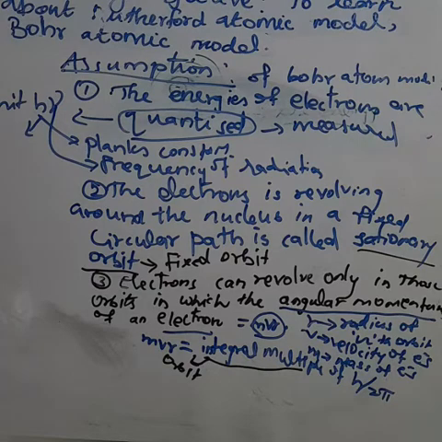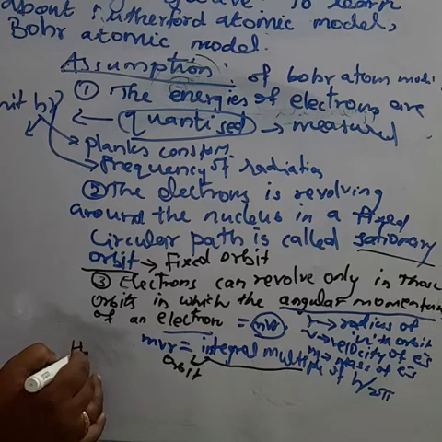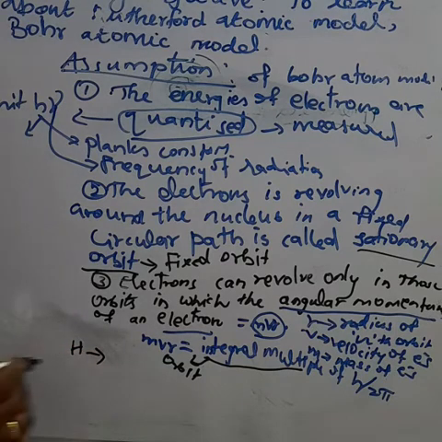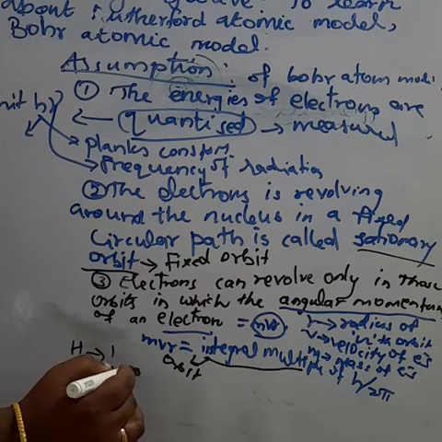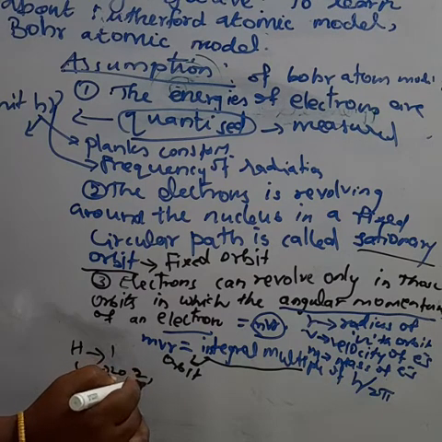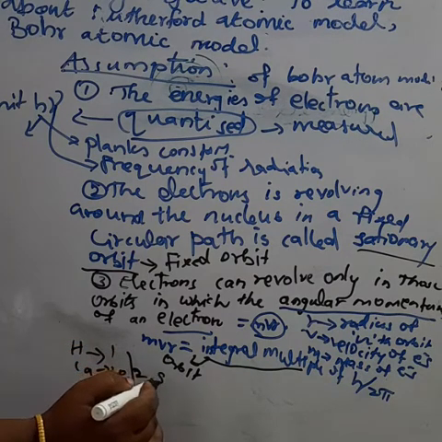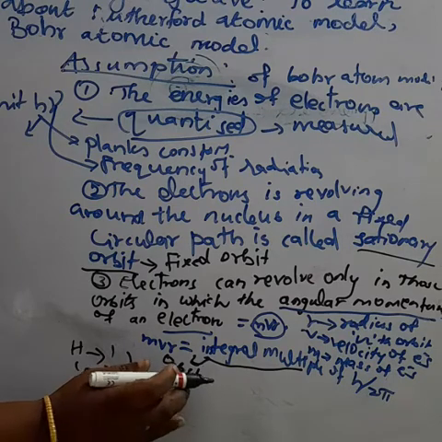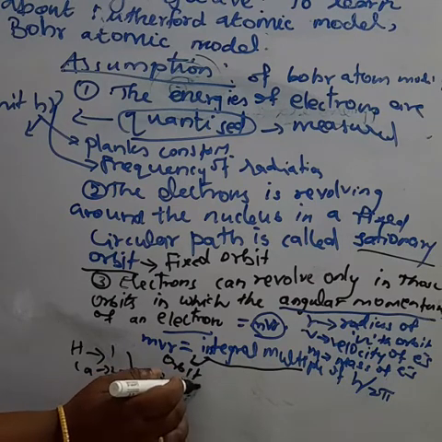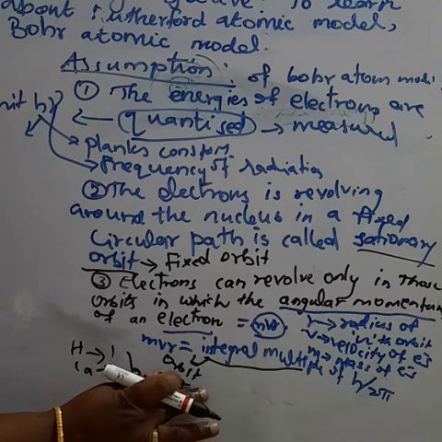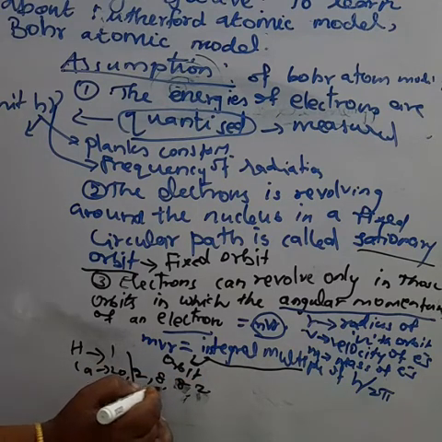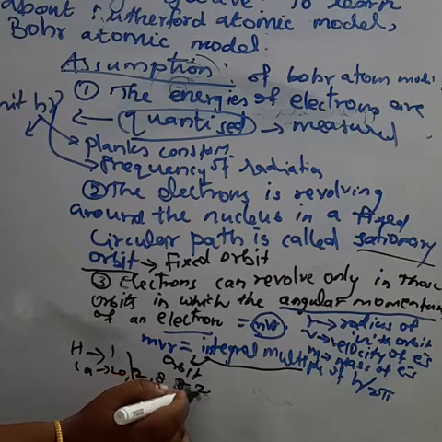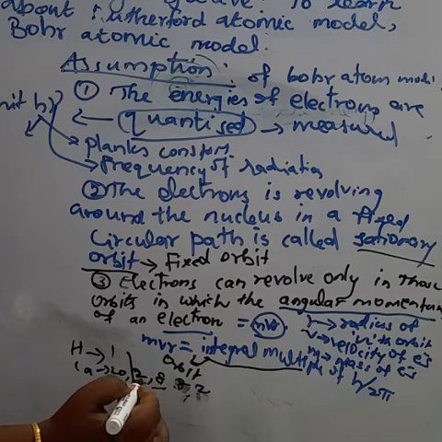For example, in a hydrogen atom only one orbit is there, but a calcium atom has atomic number 20, so the number of electrons is 20. How many orbits are there? 4 orbits. How are electrons filling in the orbits? 2, 8, 8, 2. So as atomic number increases, the number of orbits also increases.